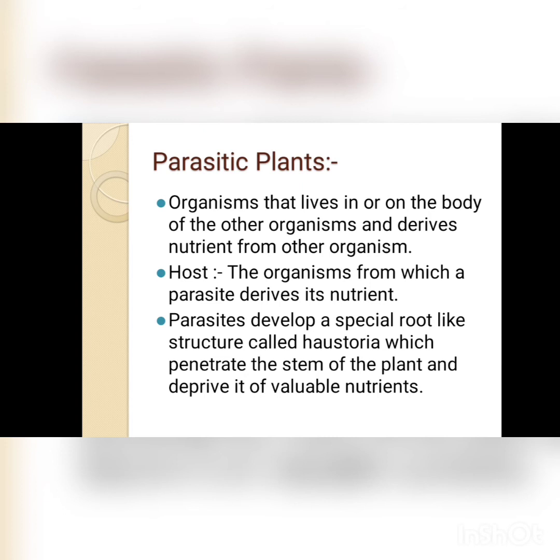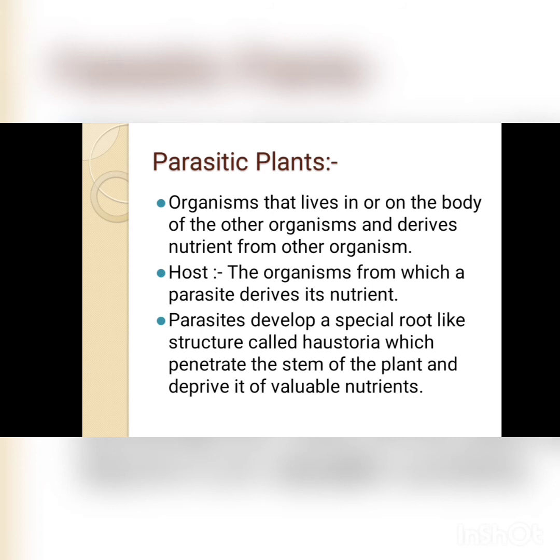Before going to this kind of nutrition, I am telling you two things. One is the host and the other is the parasite. The organism from which a parasite derives its nutrition, meaning takes its nutrients, is the host, and the parasite living on that host is known as the parasite.